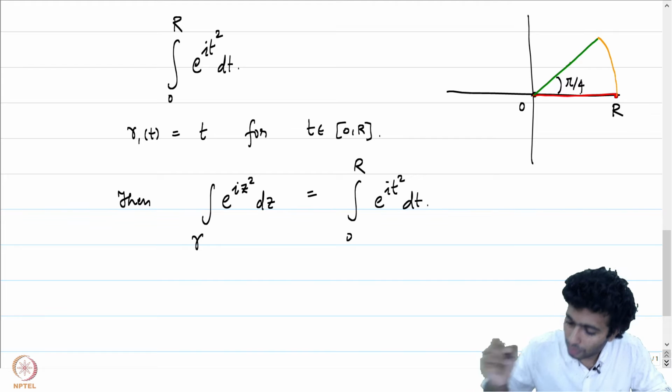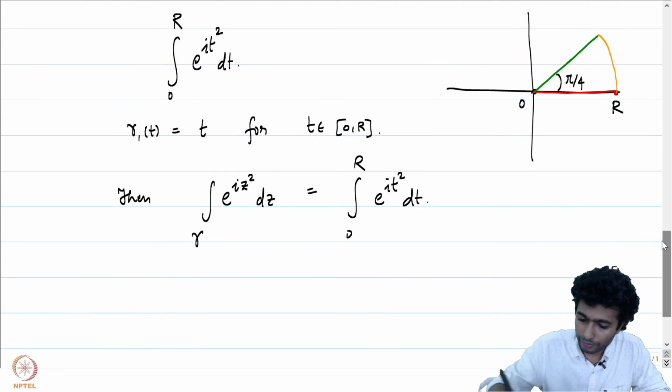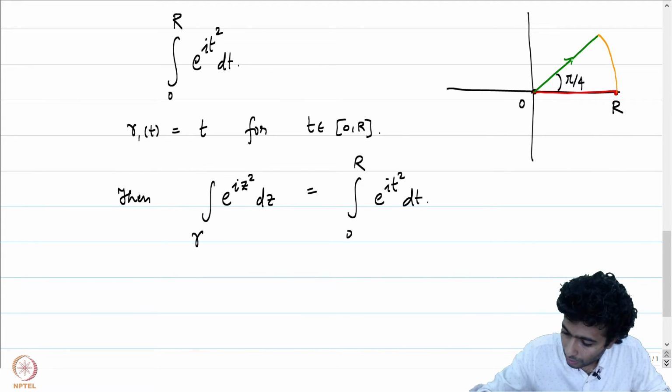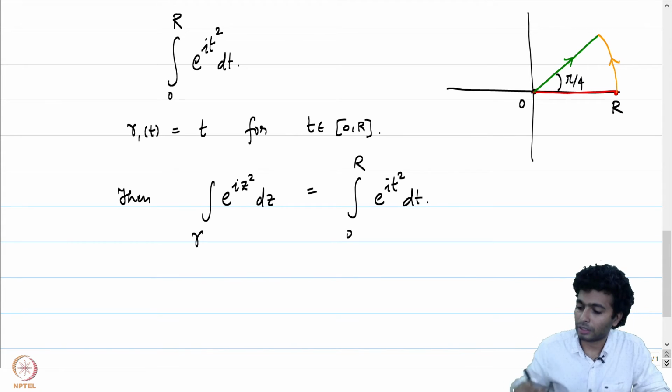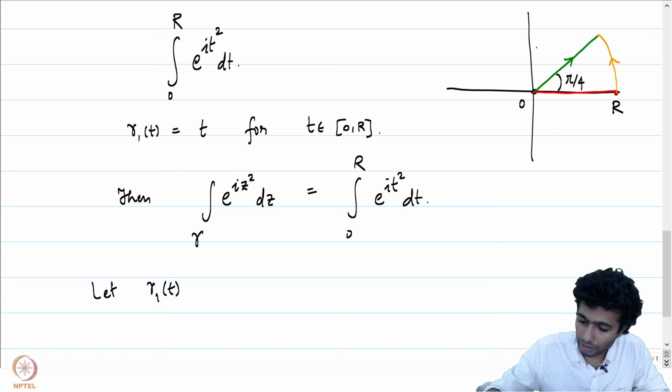This is pi by 4, and this is the direction of the second curve.